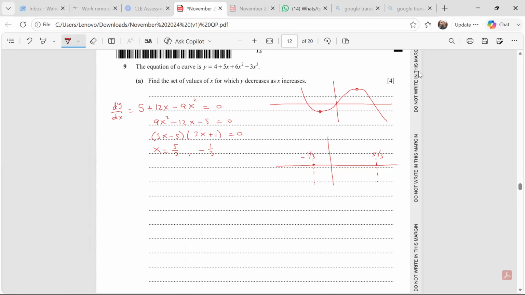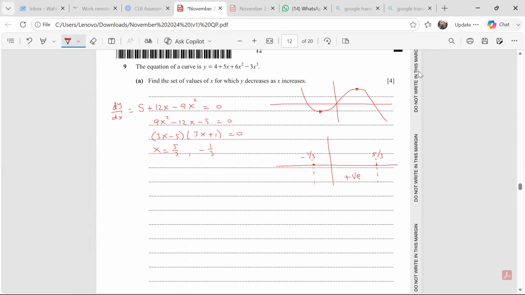So if I put x equal to 0 in this expression, the derivative is going to be 5. It means in this range, the derivative is positive.